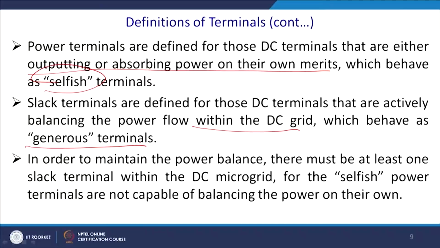Slack terminals mainly control the DC microgrid voltage. In order to maintain the power balance, there must be at least one slack terminal within the microgrid, like you have a slack bus in analysis, because the selfish power terminals are not capable of balancing the power on their own.